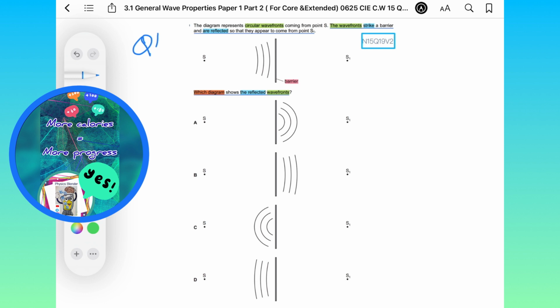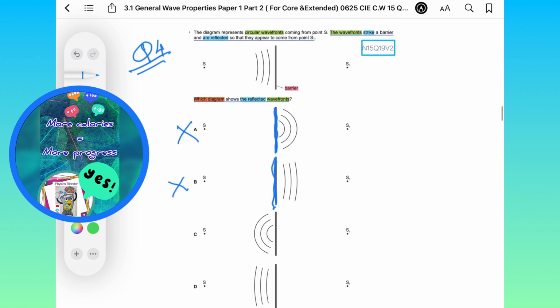Is it clear? Okay. The next question is very simple. We have circular wave fronts. According to the law of reflection, you have to exclude A and B for sure. Why? Because here we have a barrier. A barrier means the wave fronts cannot propagate to the other side. So we exclude A and B. What about C and D?